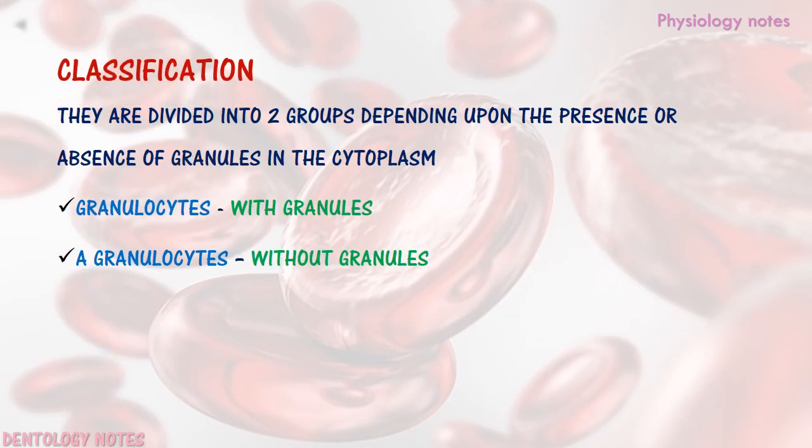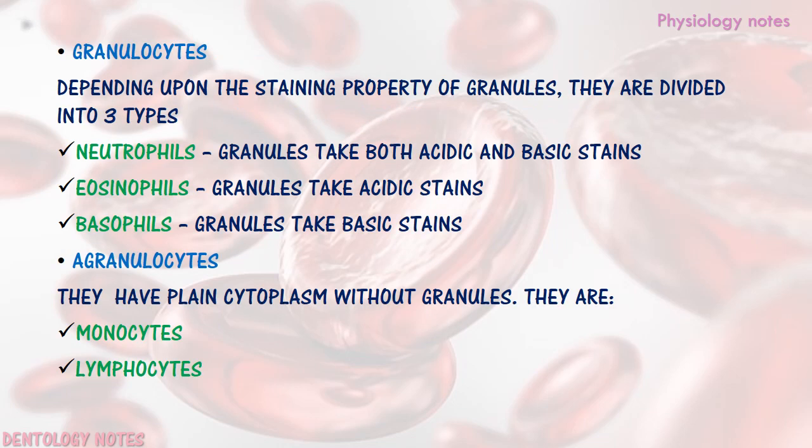Classification. They are divided into two groups depending upon the presence or absence of granules in the cytoplasm. Granulocytes with granules, agranulocytes without granules. Granulocytes: depending upon the staining property of granules, they are divided into three types.